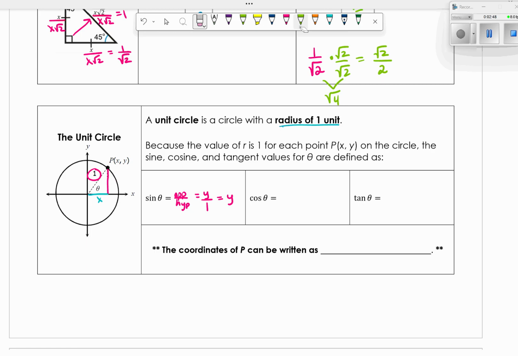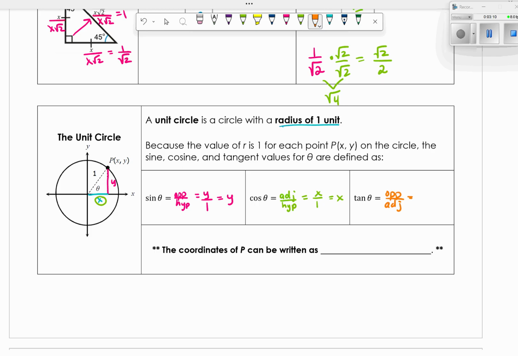So then the next one is the cosine. Remember, cosine is the adjacent over the hypotenuse. The adjacent of the angle is what's next to it, so x over 1, which is equal to x. Then tangent is the opposite over the adjacent.